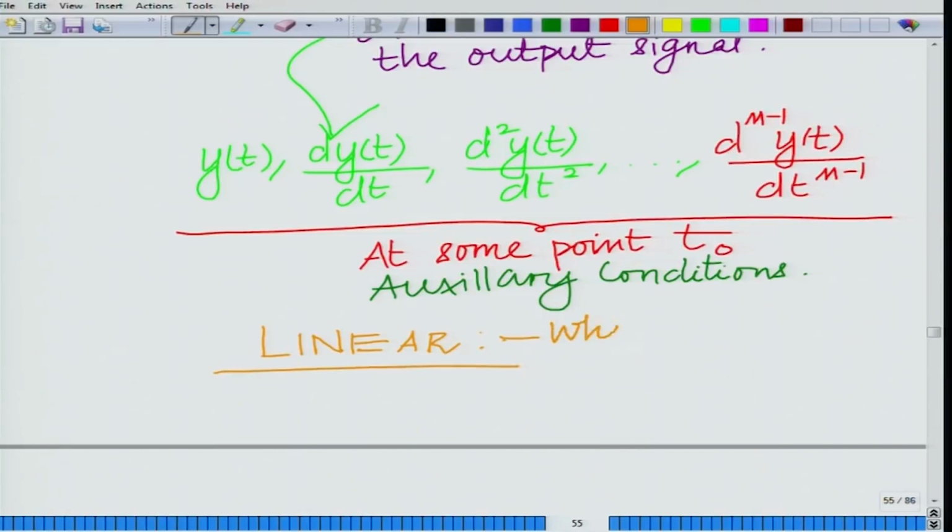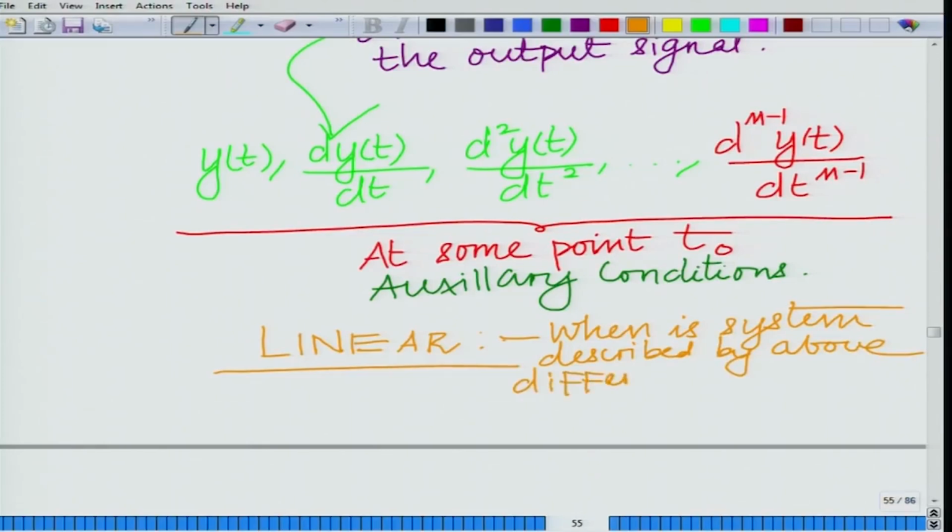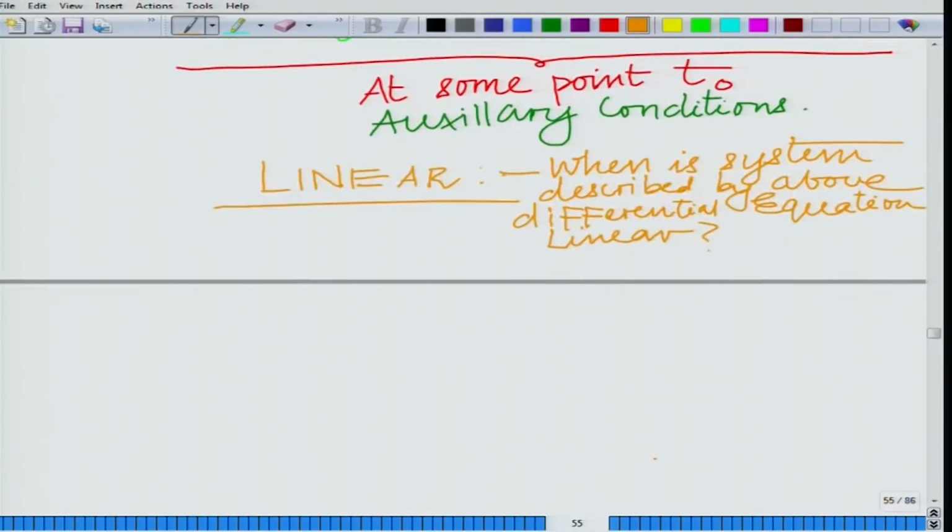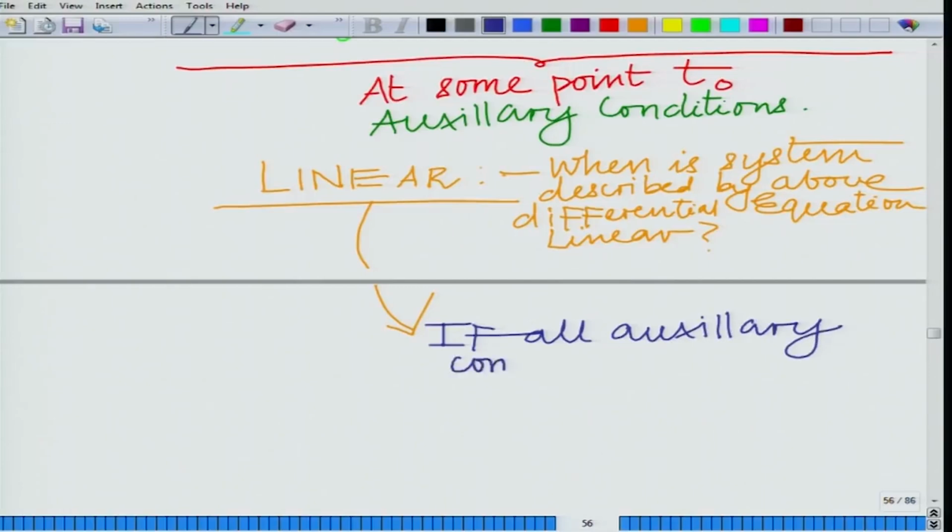It is linear if all auxiliary conditions are 0.